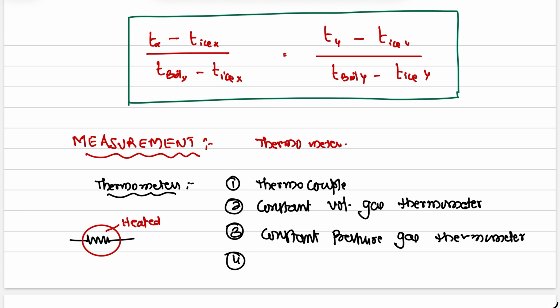When it becomes hot, that is I square R. This type of temperature measurement equipment are also there. They use this principle, resistance and electricity. Now, electric resistance measurement thermometers.